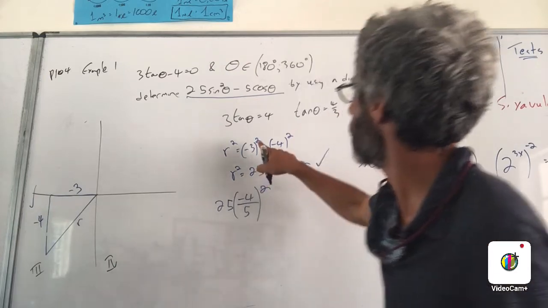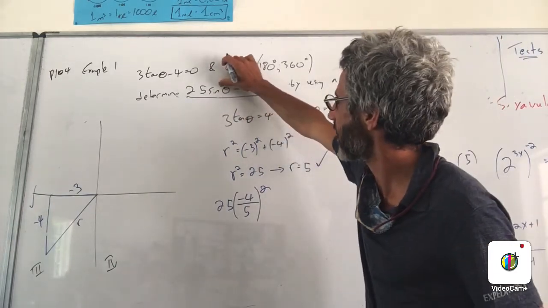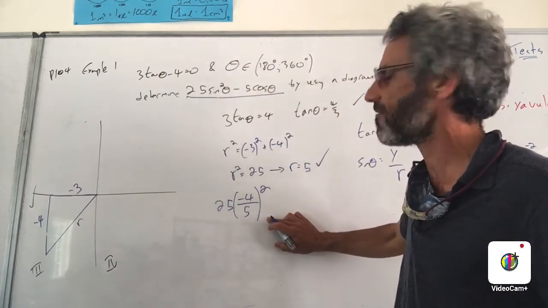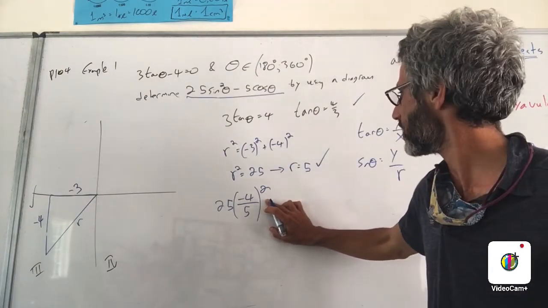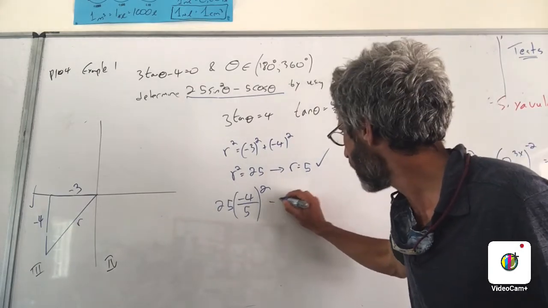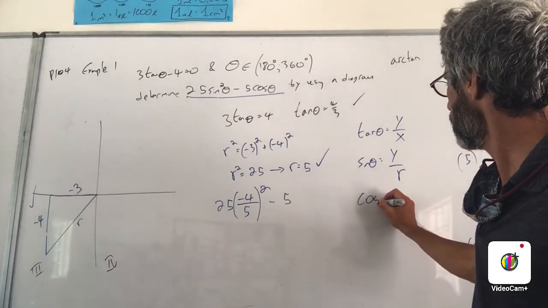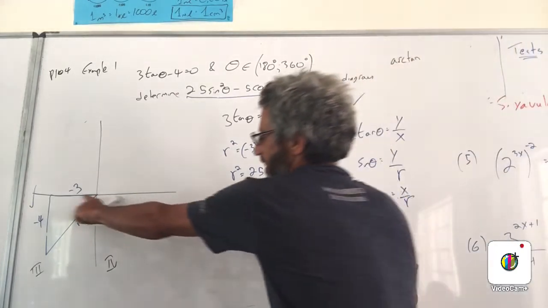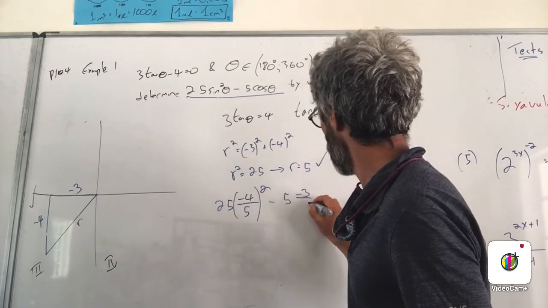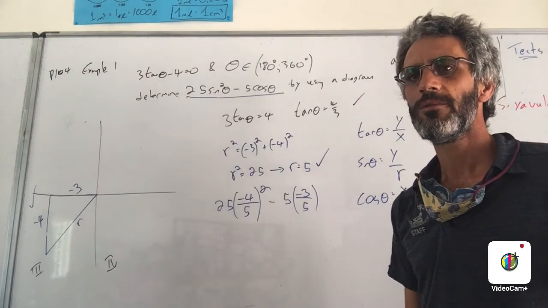But I must square that because they asked me to square sine. If I just had sine theta, it would be minus 4 over 5, but I need to square it. Sine squared theta minus 5 cosine theta. What is cosine theta? X over r. X is negative 3, and r is 5. Then we're done. That's my answer.